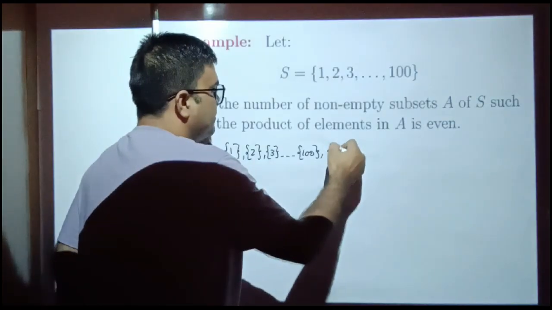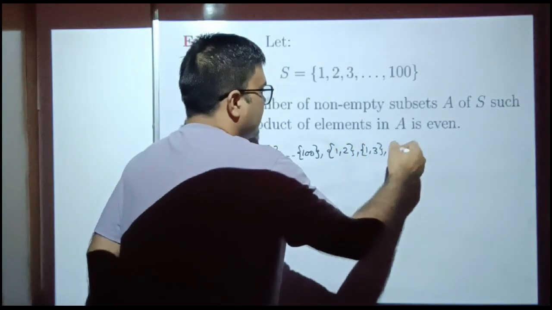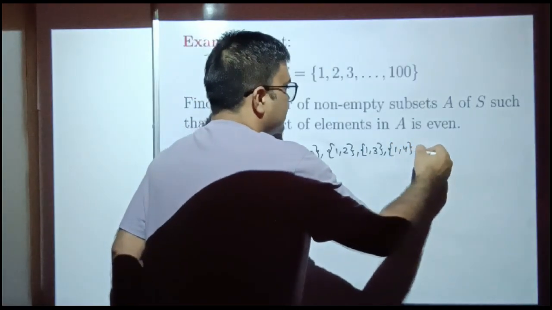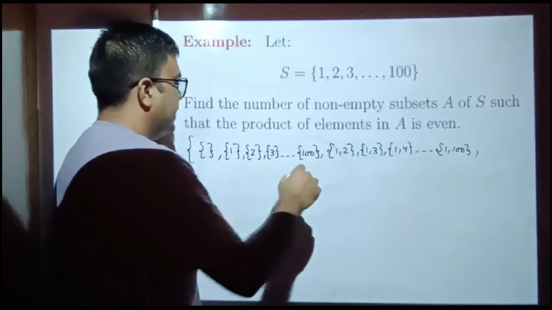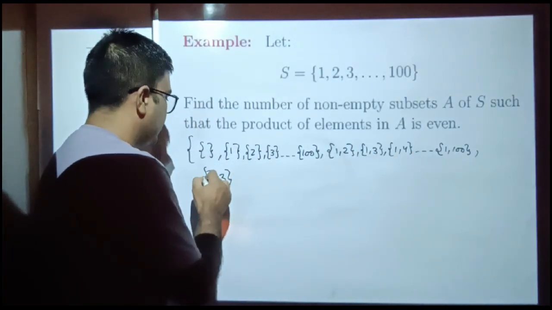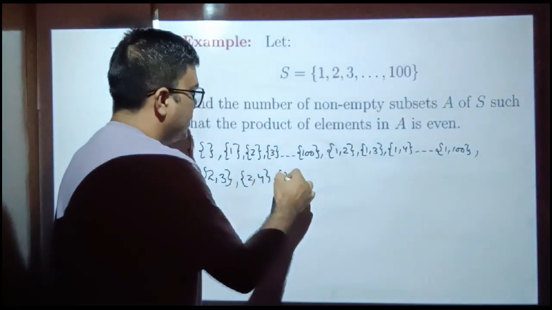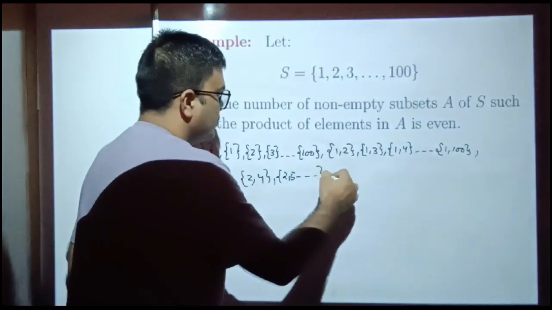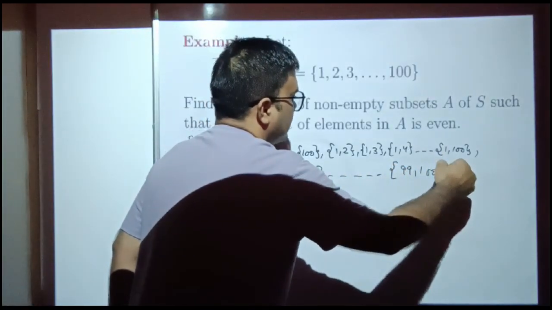Then the subsets with 2 elements: 1 2, 1 3, 1 4, and so on up to 1 100. Next, 2 3, 2 4, 2 5, and so on, like this up to 99 100.